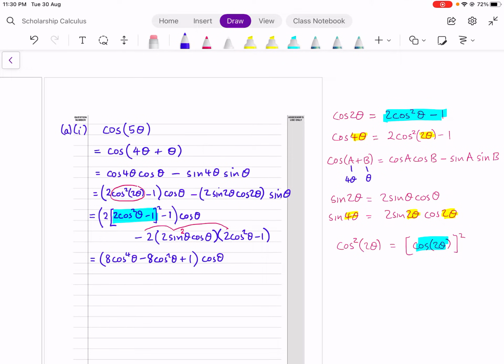So minus 8 sine squared cos cubed. And then the next part of the expansion, minus 2 times 2 sine squared cos times minus 1. So it's plus 4 sine squared theta cos theta.